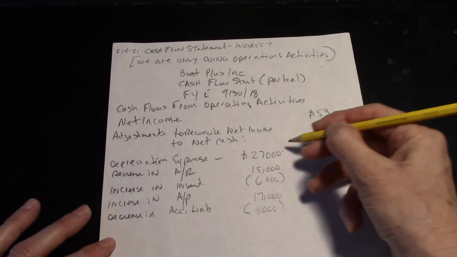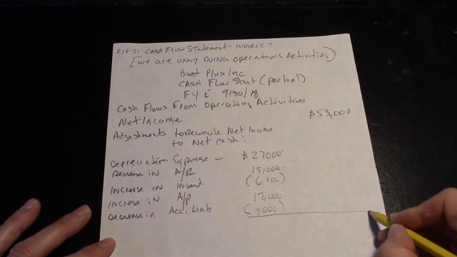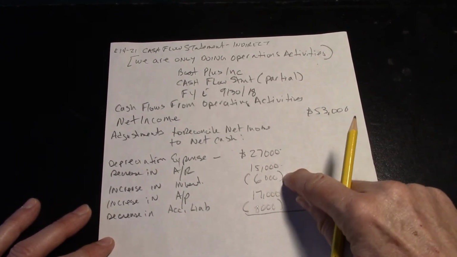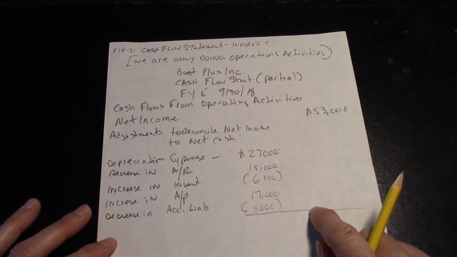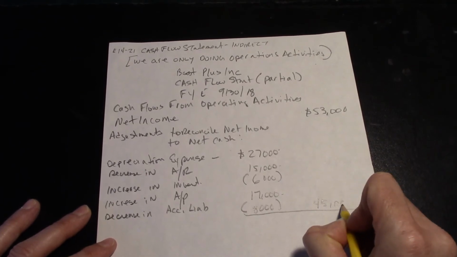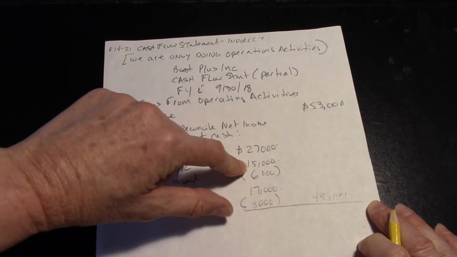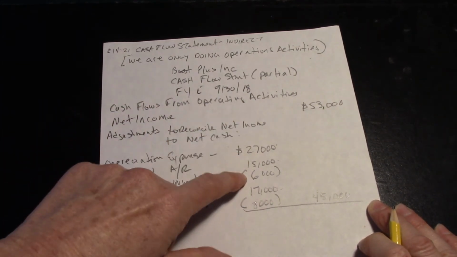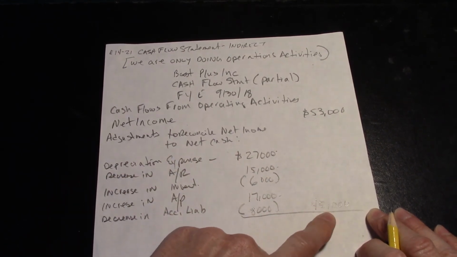So we've got plus 27, plus 15, minus 6, plus 17, minus 8. So add, subtract, and you're going to come up with $45,000. And that's a positive number. 27,000 plus 15,000 is 42, minus 6, plus 17, minus 8 equals $45,000.